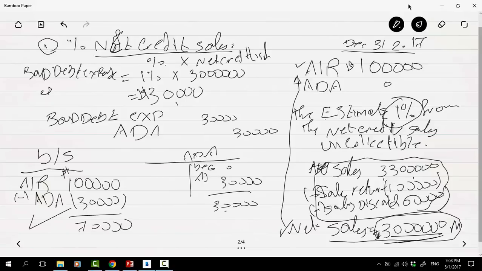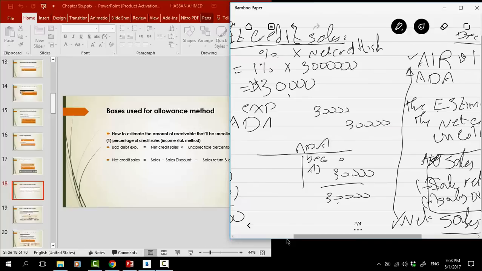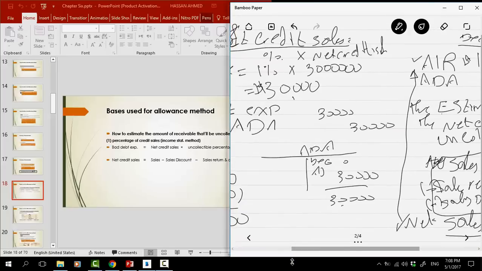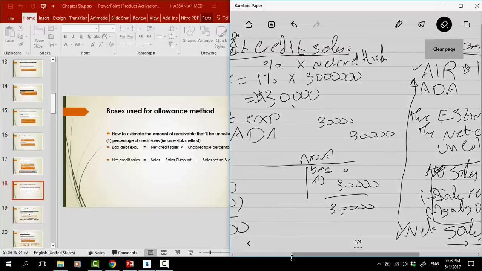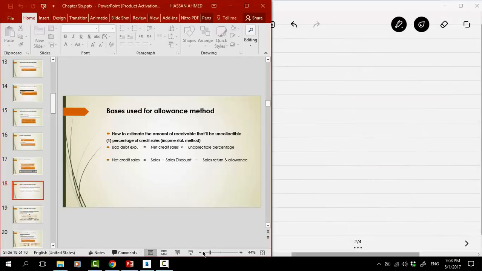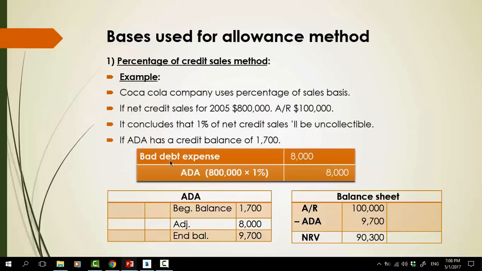Then the first method for estimating the bad debt expense is called percentage of net credit sales. Okay. Suppose that we have another example. Coca-Cola company uses percentage of sales basis.